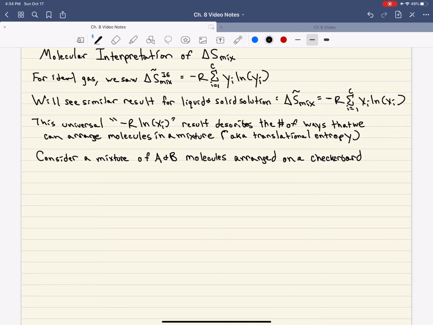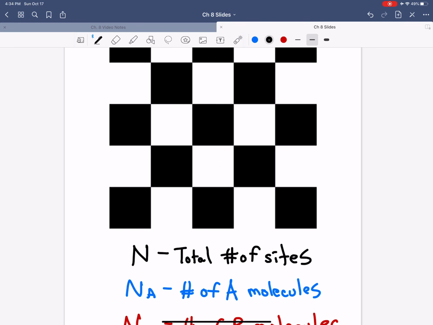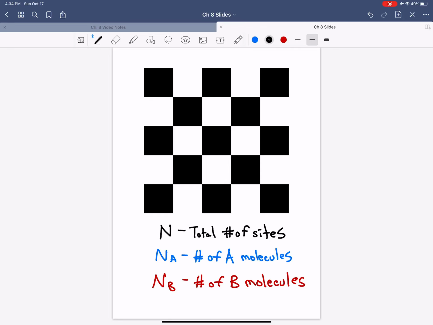Okay? So picture in your mind a checkerboard that looks like this. And on this checkerboard, there's a certain number of squares. I think we have 5 by 5, so there's 25 squares.